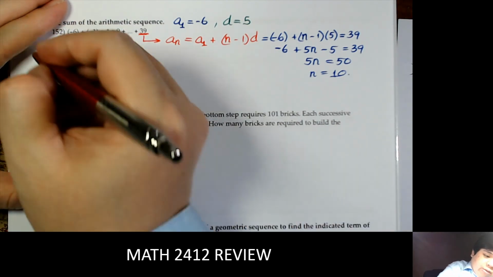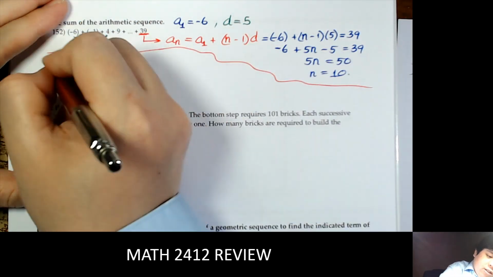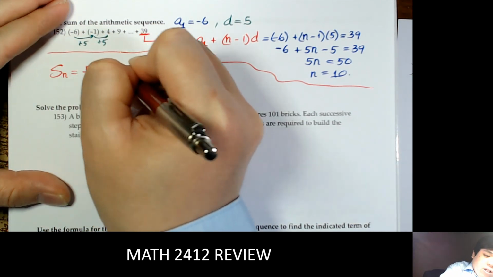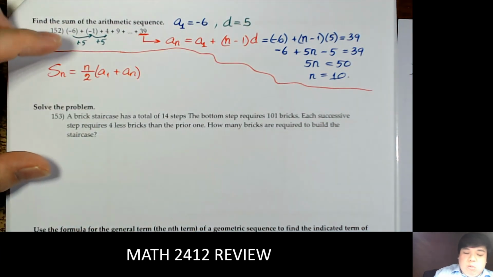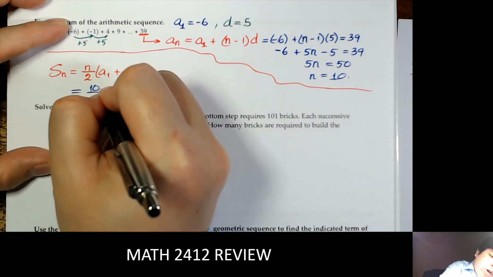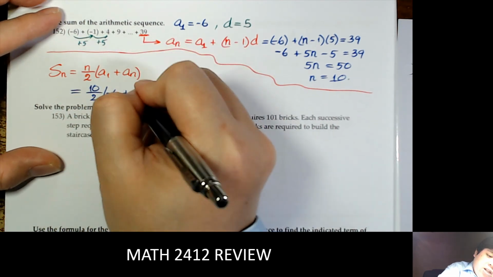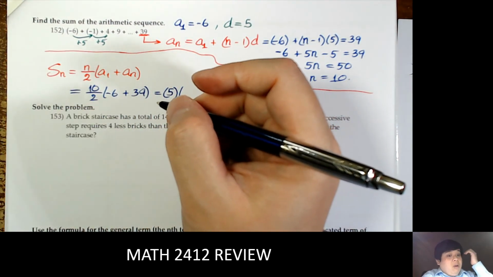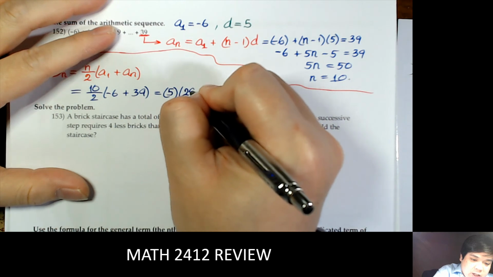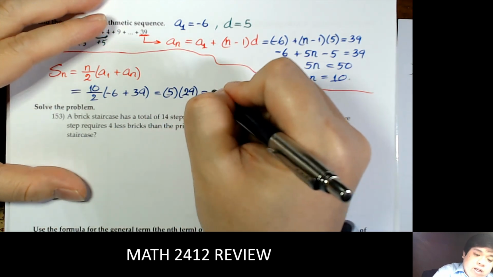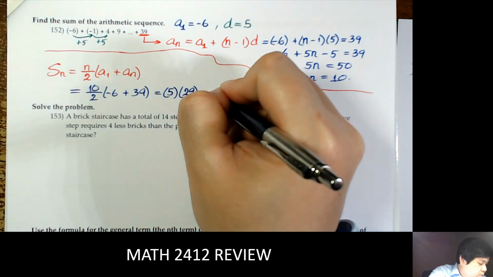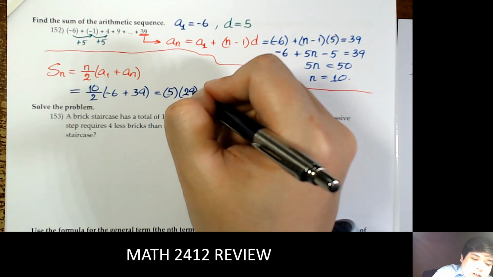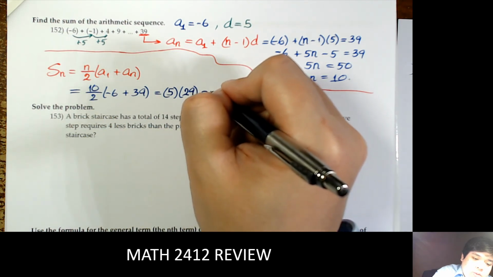And finally, the formula for the sum of the first n terms is equal to n over 2 times (a1 plus an). In this case, I'm going to use this formula because we know the first term is -6, the n term is 39. So we have 5 times 39 minus 6 is 29.